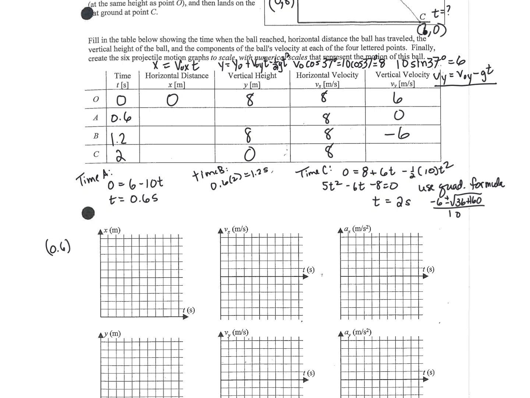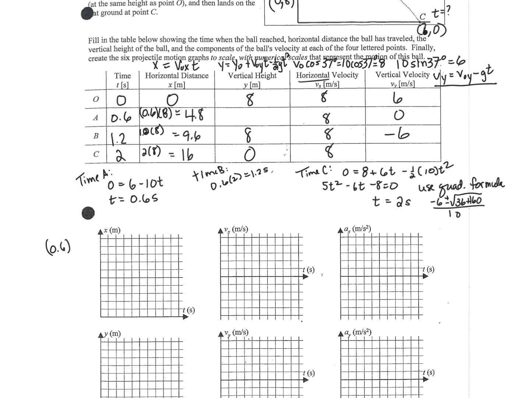So this horizontal distance is going to be 0.6 times what? 8? The horizontal velocity is the same, right? The whole way through. So this is 4.8. This is going to be 1.2 times 8, which is going to be 9.6. And this is going to be 2 times 8, which is 16.